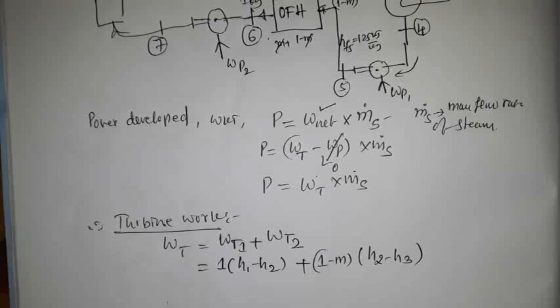Where m is the mass of the steam bled, and which is unknown.